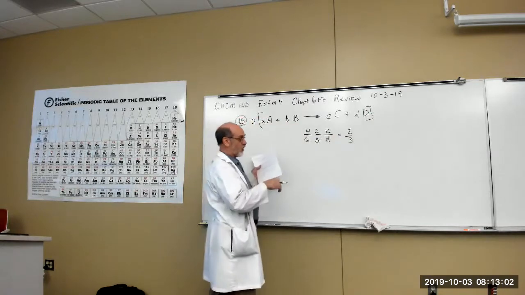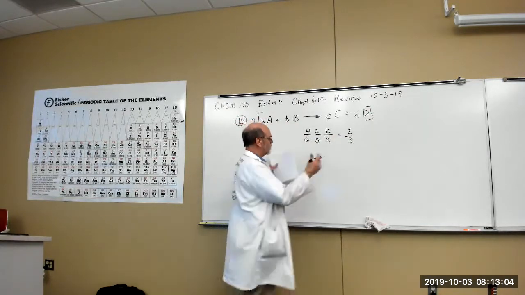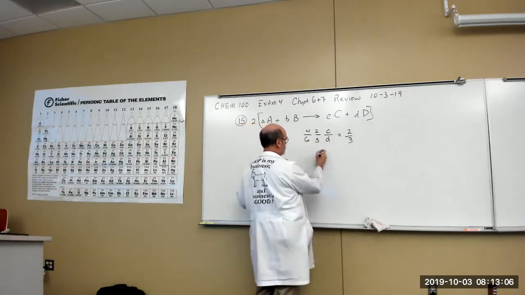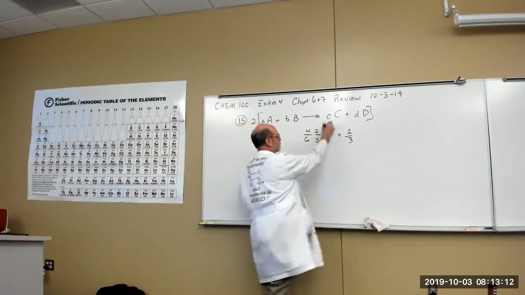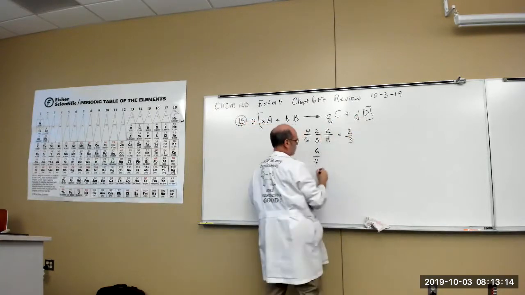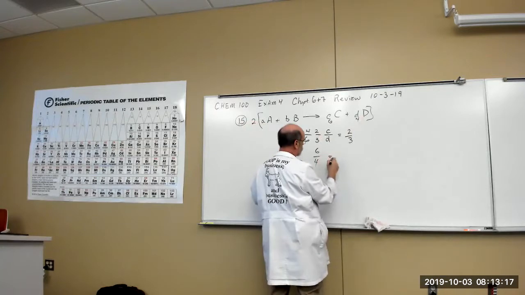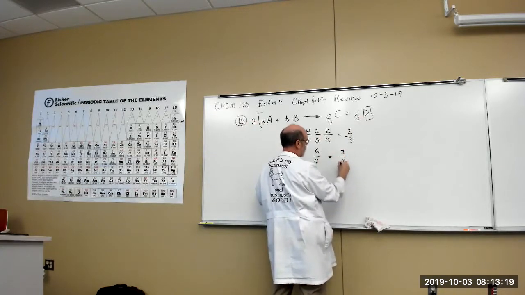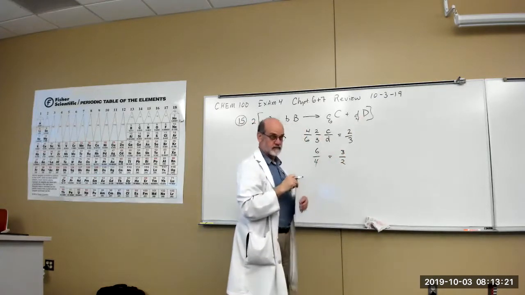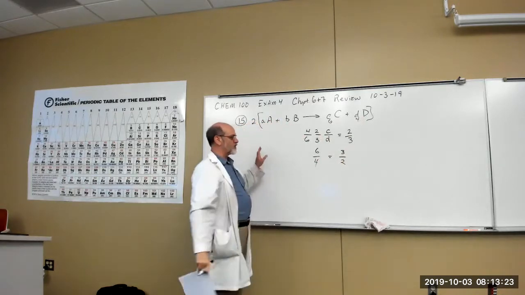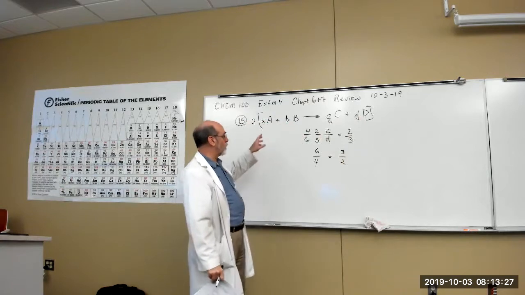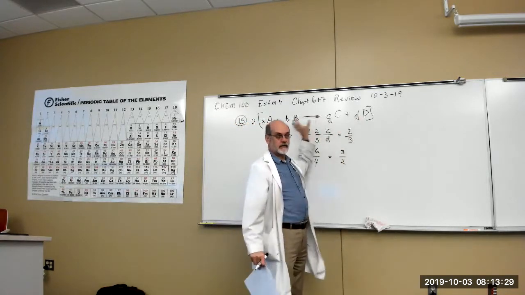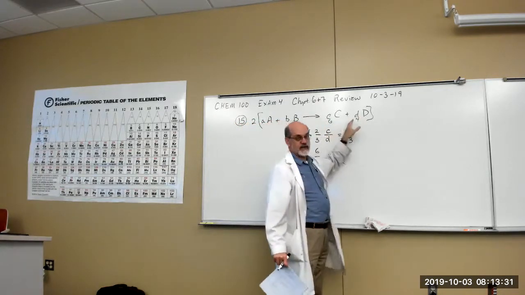If you balance the equation, we could have picked something else. We could have picked 6 and 4. So 6 would be here and 4 would be there. Then the ratio of those two would be 3/2. The whole point of this question is to hammer home the concept that once the equation is balanced, these ratios are fixed.